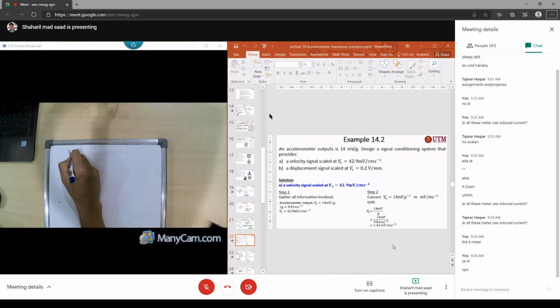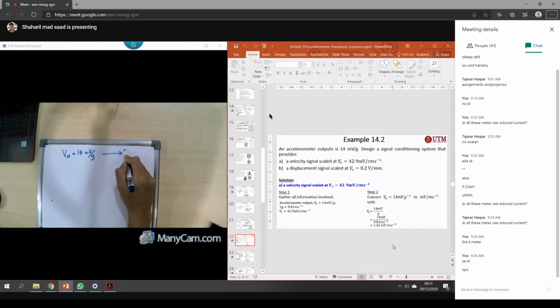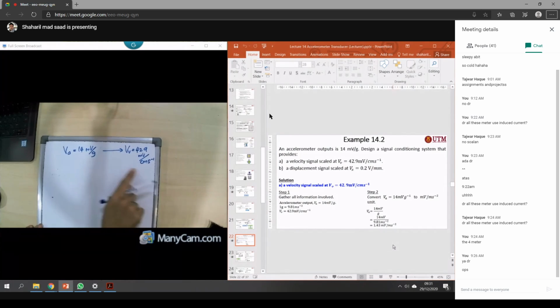So right now you want to get from the voltage acceleration VA, which I put equal to 14 millivolt per G, a VV equal to 42.9 millivolt per centimeter per second. So this is what you want to get, from VA to VV.